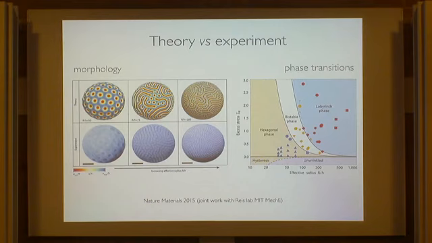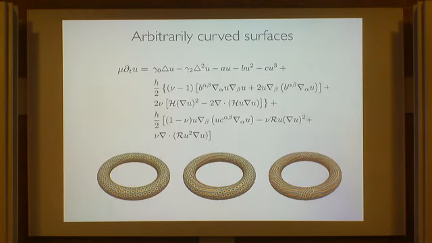So we can do quite a few things with this type of model now, just study it theoretically. We did it for more general surfaces. You can look at tori, which are more interesting because they have spatially varying curvature. And what you find in that case is that typically you form these hexagonal patterns more on the outside, and the labyrinth appears on the inside, where the torus is flatter than on the outside, so it's qualitatively consistent.